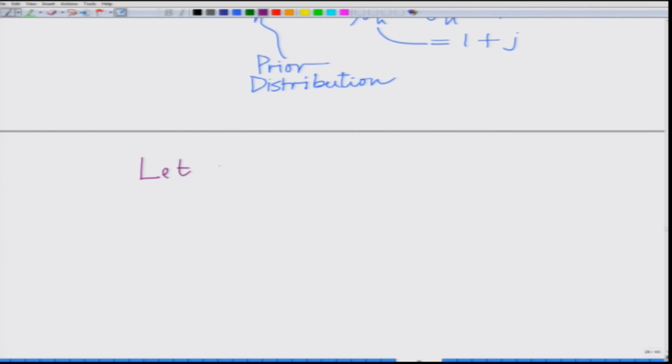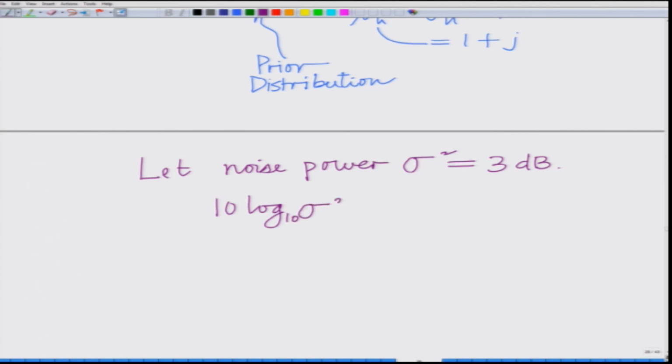Let the noise power sigma square be equal to 3 dB, that implies 10 log 10 sigma square equals 3, implies sigma square equal to 10 power 0.3, approximately equal to 2. The noise power sigma square is approximately equal to 2.